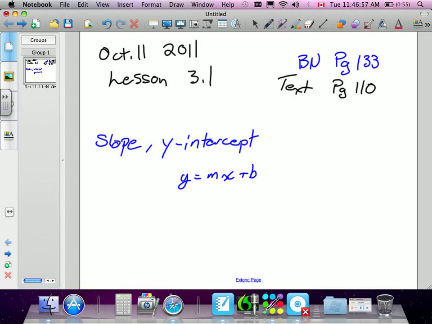That's our first form. Our second form, we're going to call standard form.